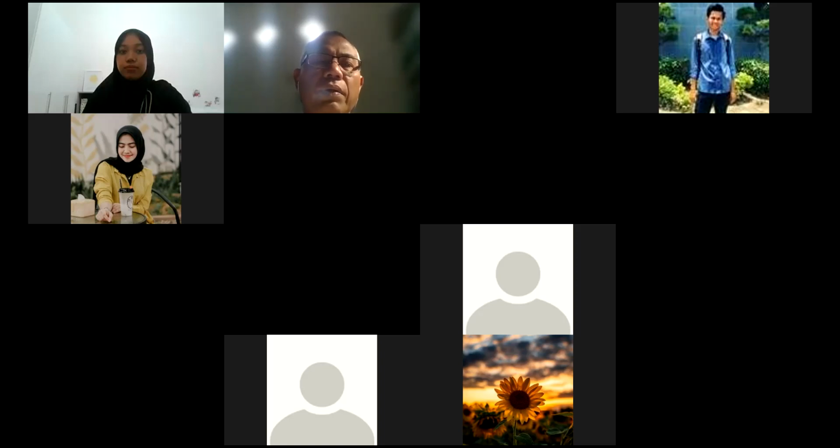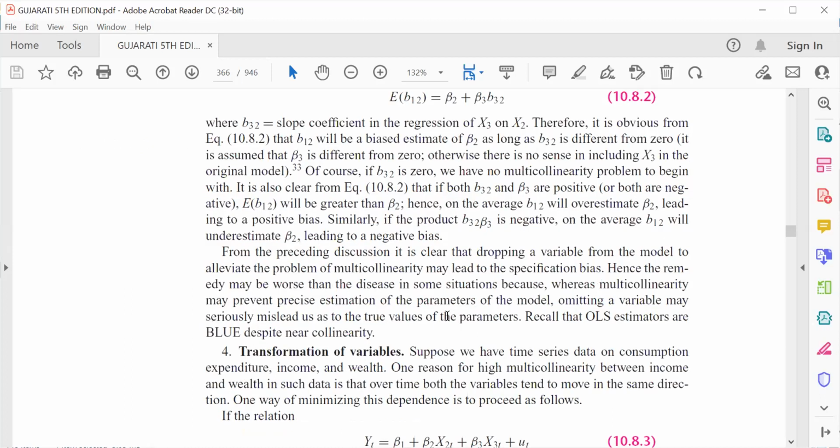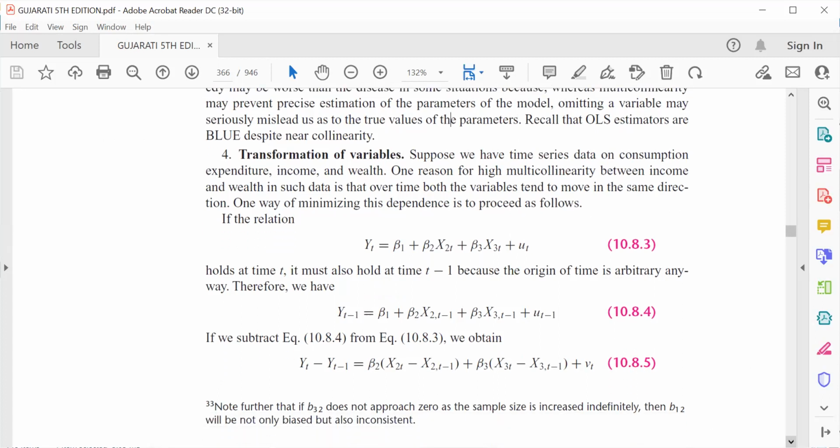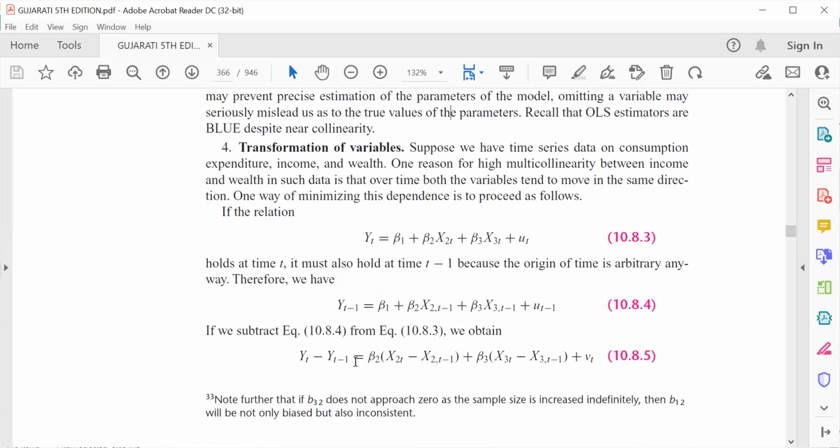Number 4, transform variable. Usually we can transform variables. For example, we can transform to first difference, like 10, 8, 5. We make differencing from the data, time t minus t minus 1.